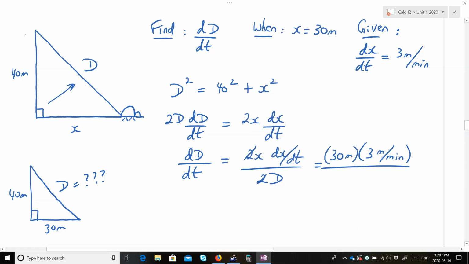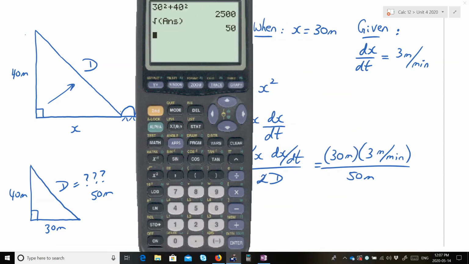D will equal 50 meters. So I'll put 50 meters here, and our change in distance with respect to time then is 30 times 3, divide that by 50, fraction that if you want. 9/5 meters per minute.